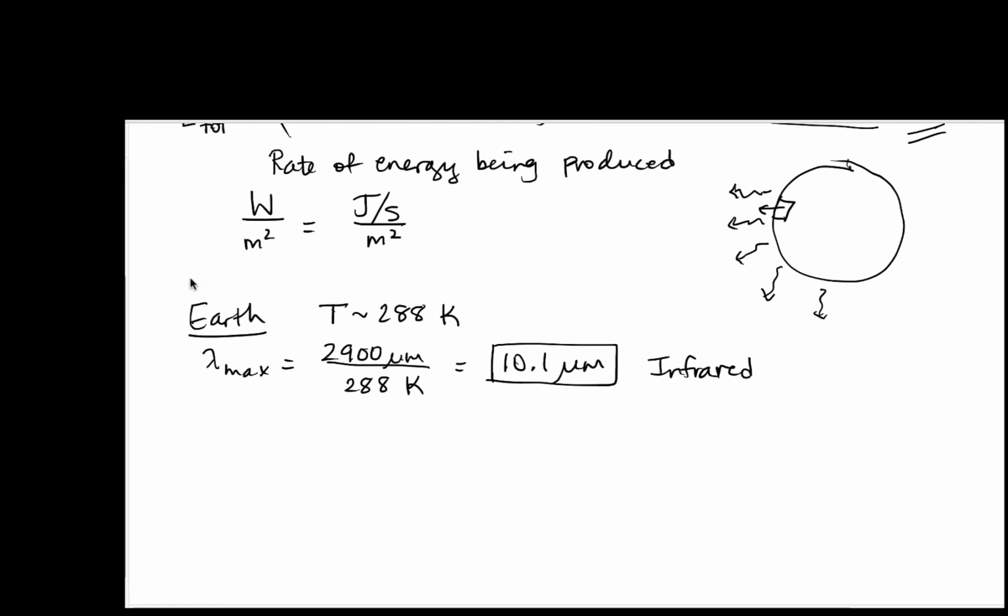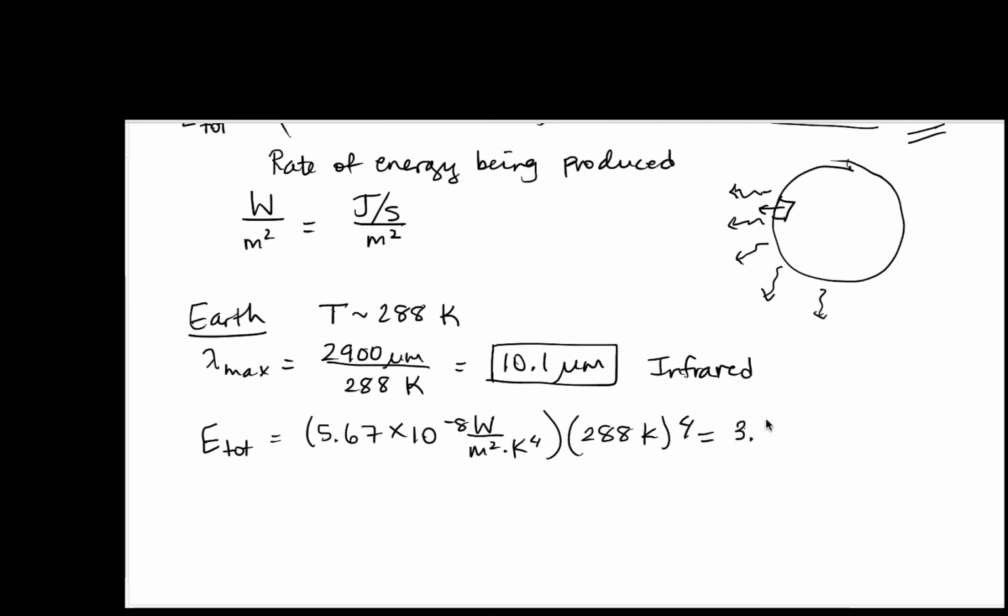And we can also calculate our total energy, because we give off energy too. And most things do, unless they're black holes. Watt per meter squared, Kelvin to the fourth, 288 Kelvin to the fourth. So you get 3.9 times 10 squared watts over meters squared.